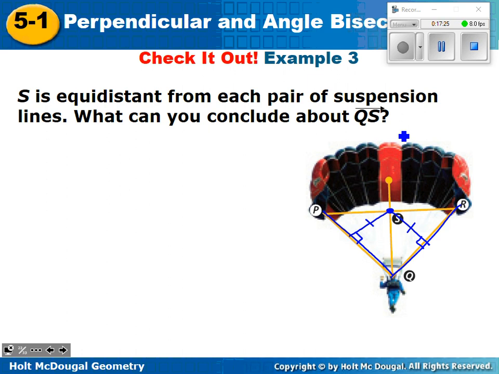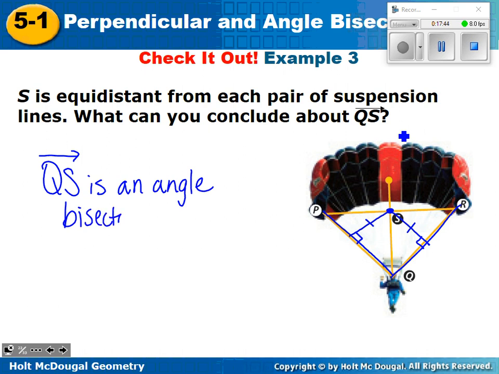What is ray QS then? It bisects what? Angle PQR. So QS is an angle bisector of angle PQR.